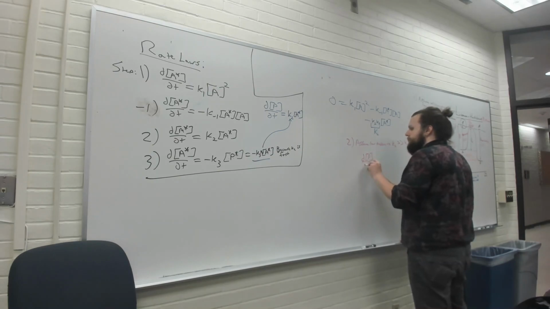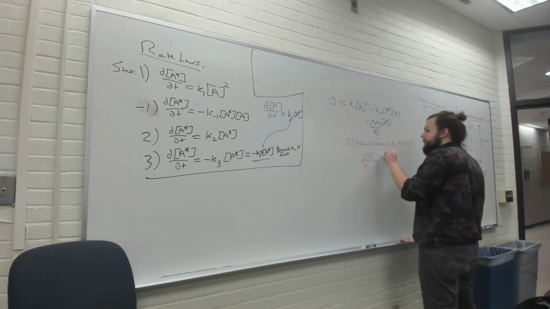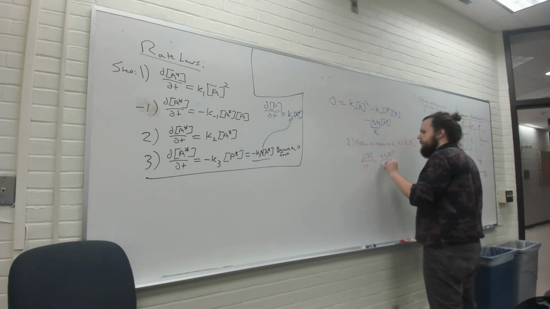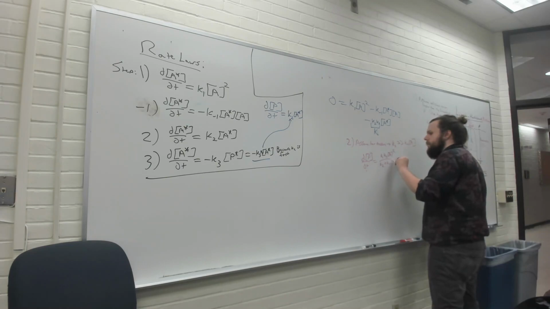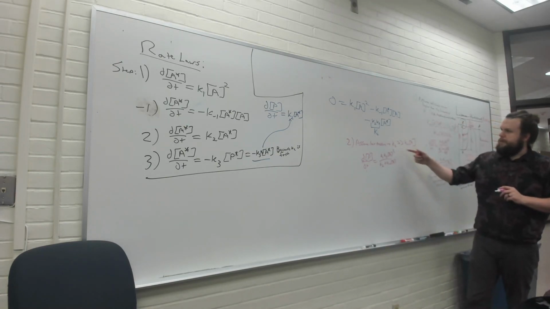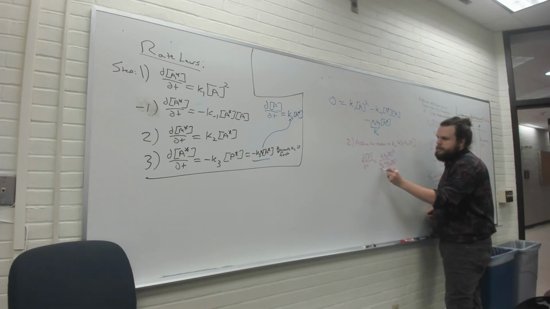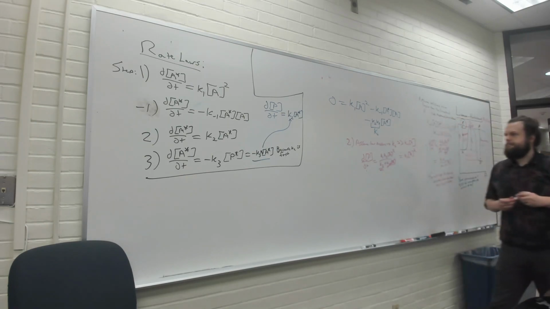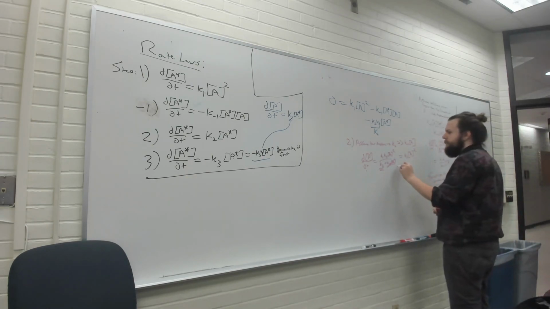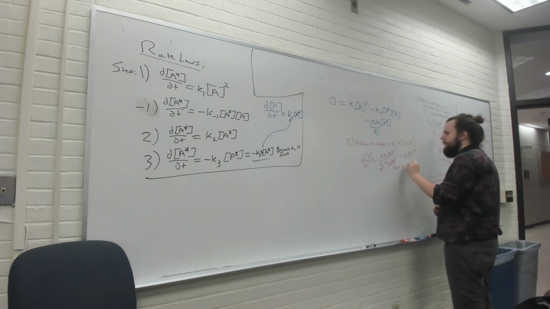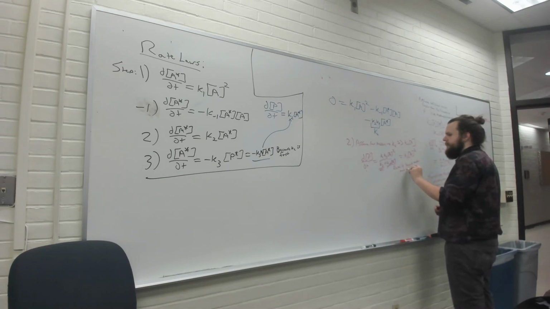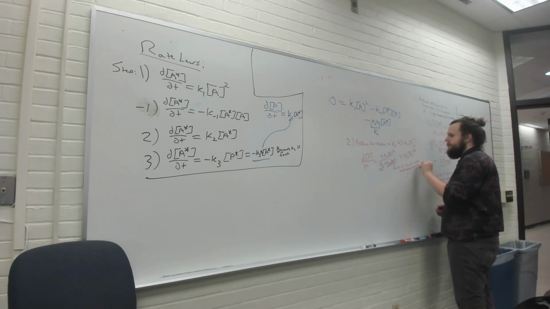Then if we write our expression for dP/dt, we're left with k_1 k_2 A squared over k_2 plus k_-1 A. If k_2 is big, and this is small, we can neglect this term, and we're left with k_1 A squared. So now the rate is second order and dependent on the collision rate, k_1.